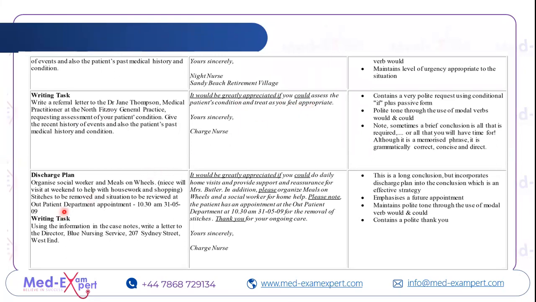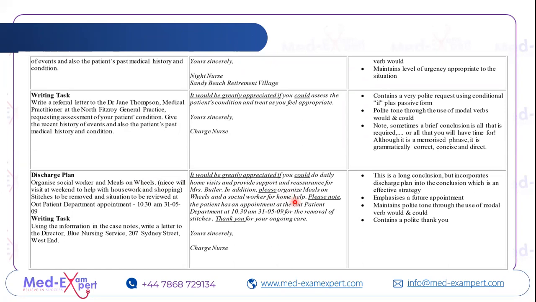If we have a discharge plan here: organize social worker and meals on wheels, stitches to be removed and situation to be reviewed at outpatient department at this time and on this date. So it will be greatly appreciated if you could do daily home visits and provide support and reassurance for Mrs. So-and-so. Please organize meals on wheels and a social worker for some help.